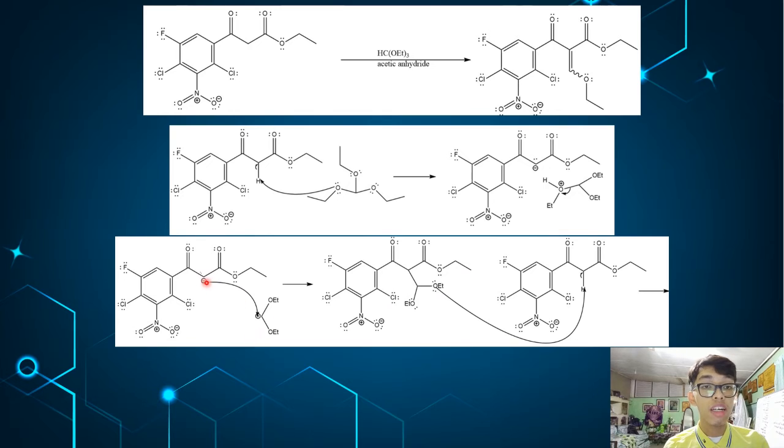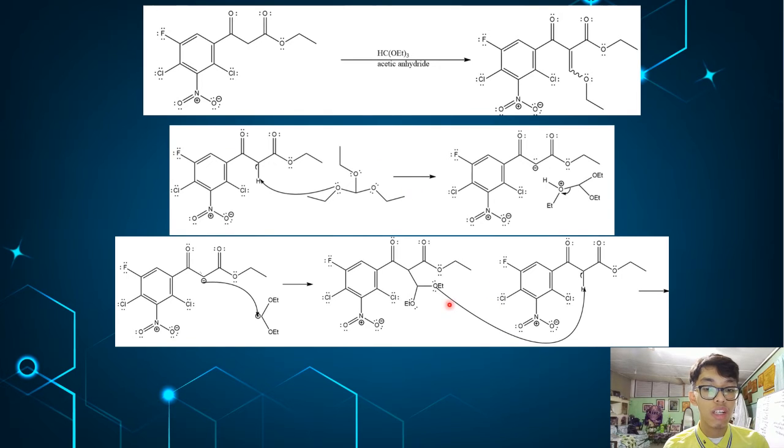Now that negative charge would attack that positive charge in the carbon, which was the former reagent, leading us to this compound here. And then the oxygens of the newly bound molecule would attack another molecule of the main compound.